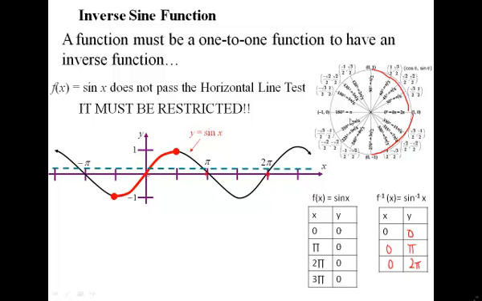Because in just the unit circle alone, if I ask you what angles have the sine of 0, you would be looking at this one right here and this one right here. There's two different answers. So which one is it? Well, it's going to be this one because it's going to fall within that restricted range. So right here, that's where we're going to be looking.